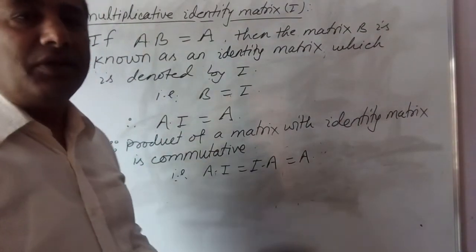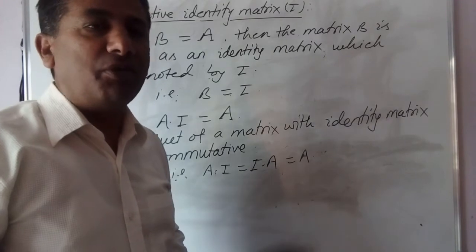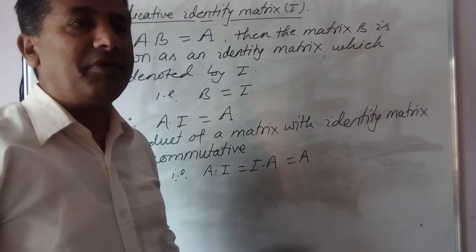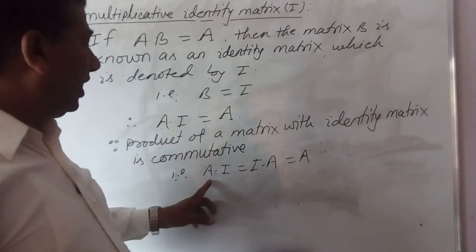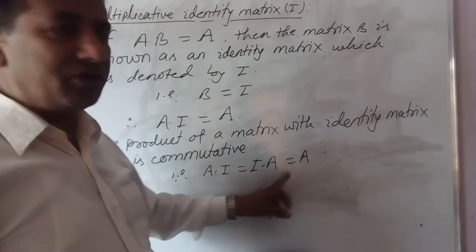Generally matrix multiplication is not commutative, but in the case of an identity matrix it is commutative. That's why we can write A times I equals I times A equals A.